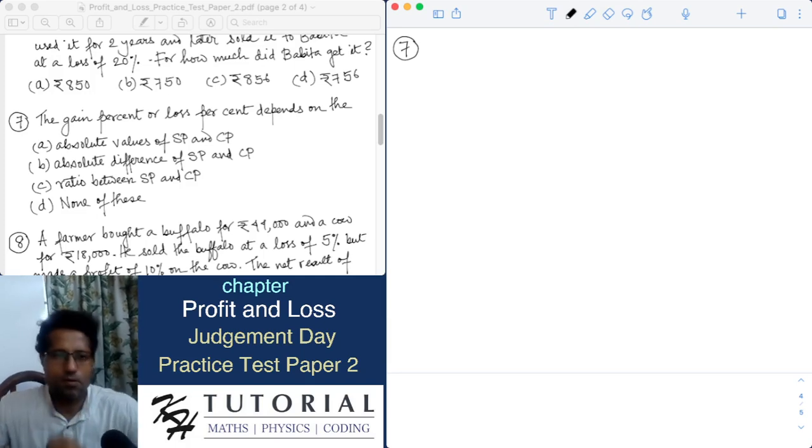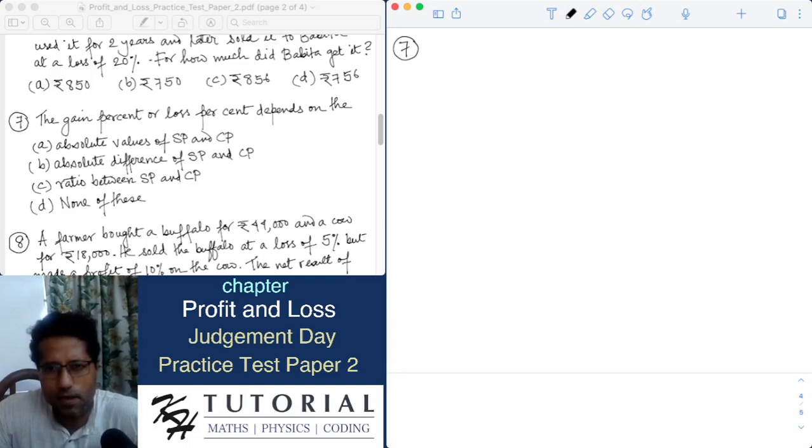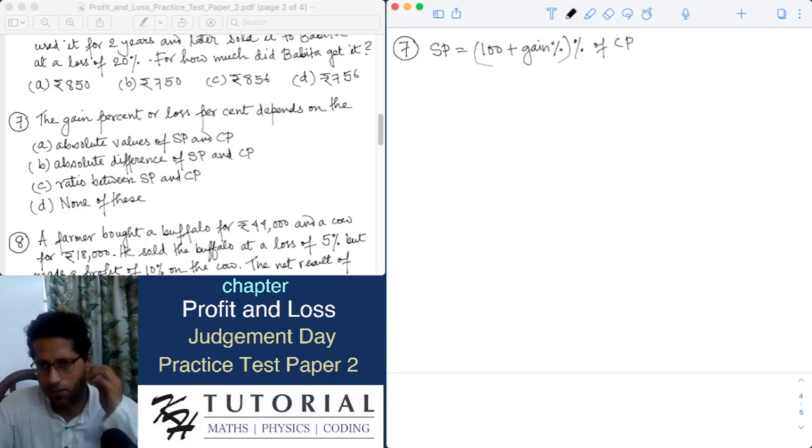Okay, let's try to answer these questions from the very basics. What is gain percent? If there is a gain, then the selling price will be 100 plus the gain percent, whatever the value is, 20%, 30%, 40%, whatever, this percent of CP, the CP is the cost price.